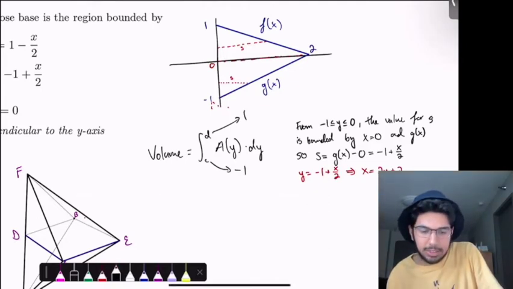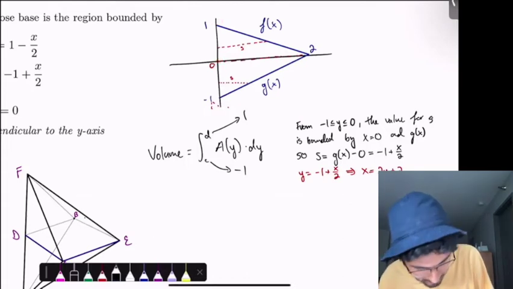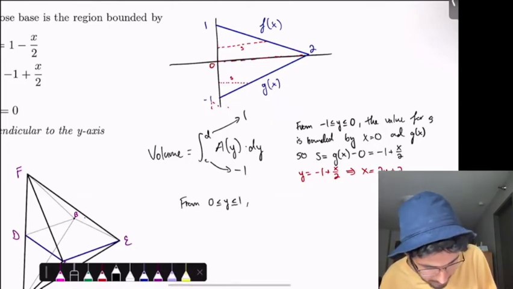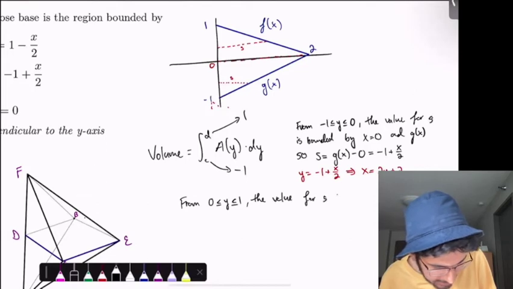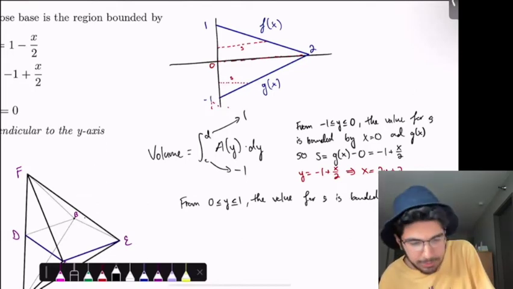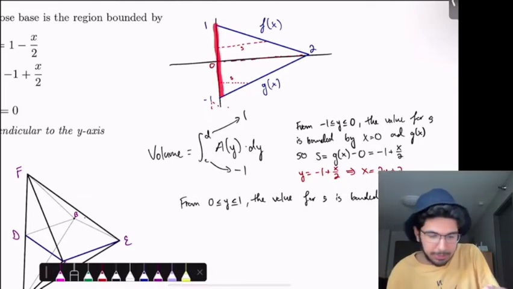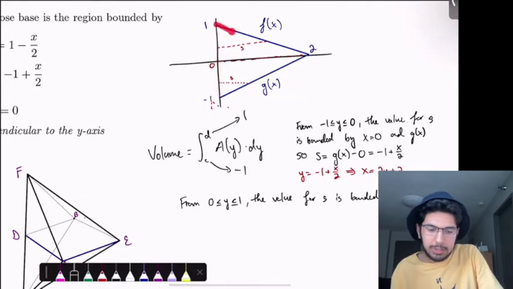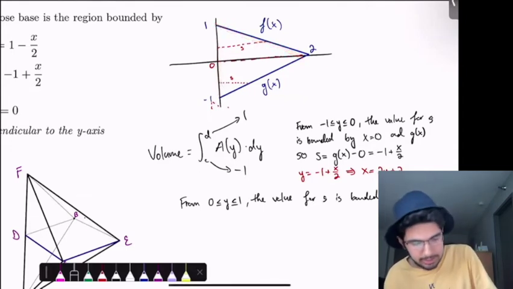And now we have to consider the other part, when y is in between 0 and 1. From 0 to 1, the value for s is bounded by this line x equals 0 again, but now it's f of x instead of g of x.